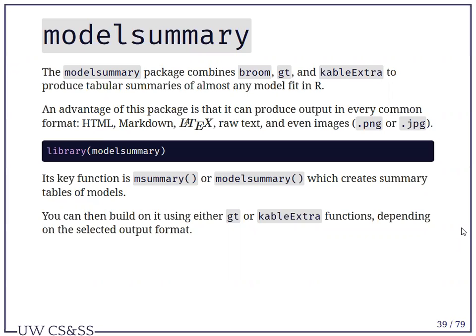Its key function is msummary or modelsummary, which creates summary tables of models. You can then build on it using either GT or kableExtra functions, depending on the selected output format. And so that way it's very flexible, especially for collaboration.